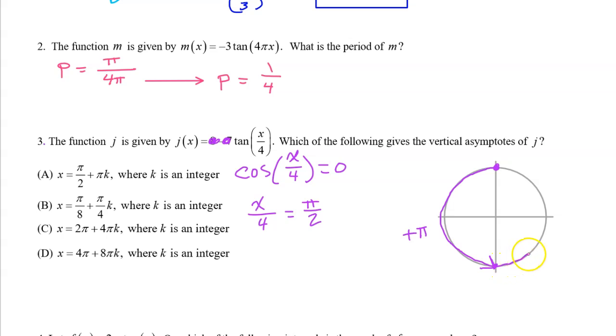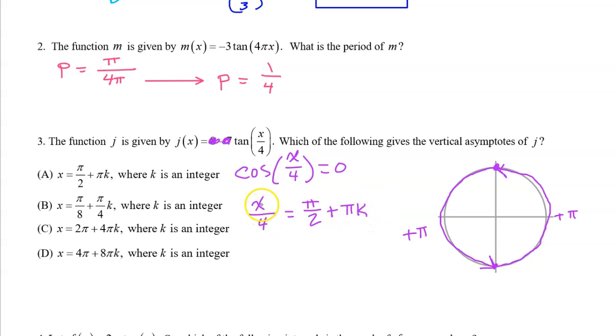If we add another pi radians, it will take us back to this position, and we will have another solution. So we will get another solution and another solution every time we add pi radians. So we can get the infinitely many solutions by adding multiples of pi. In other words, by adding pi k, where k is any integer.